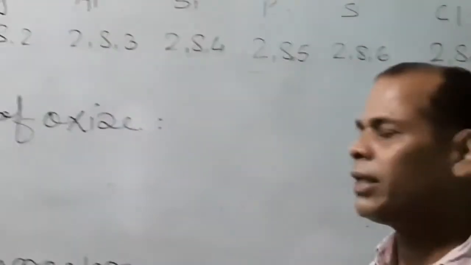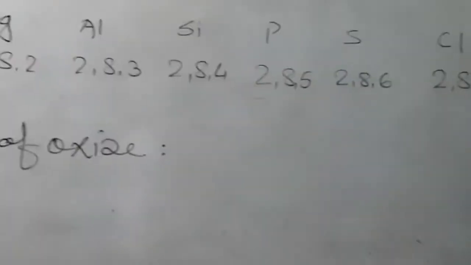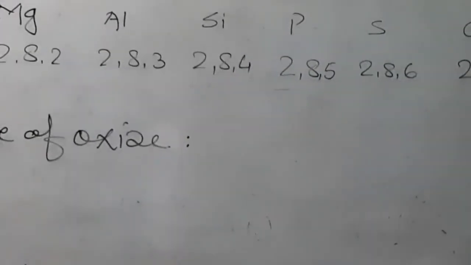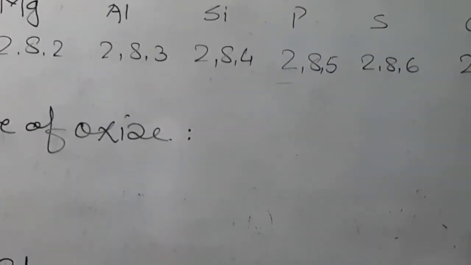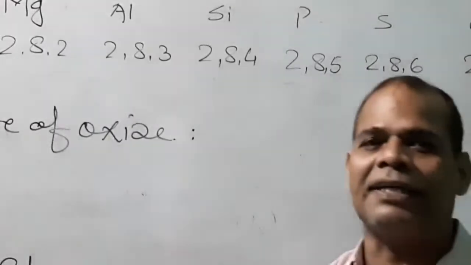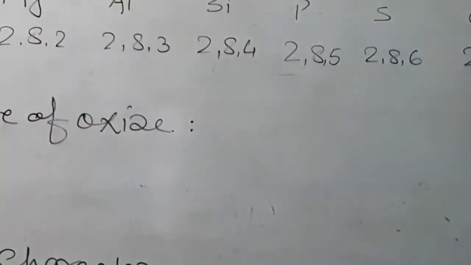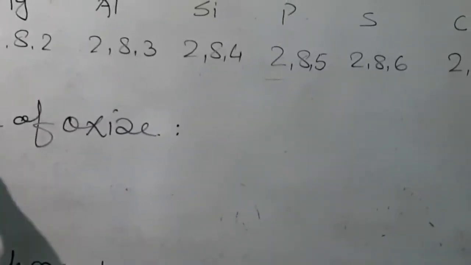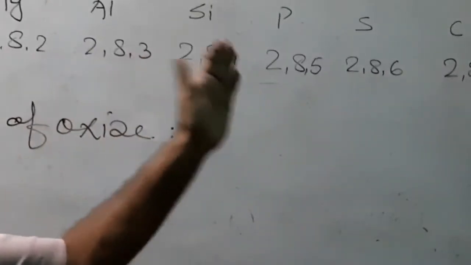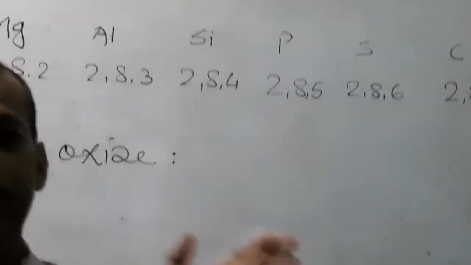So what is happening to the nature of oxide? Basic character decreases and acidic character increases.